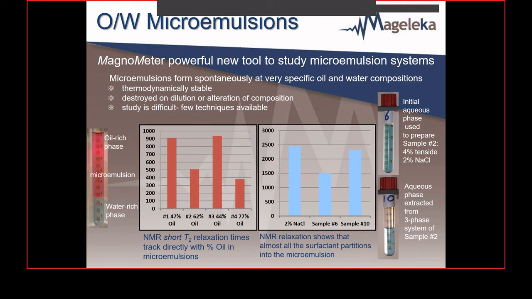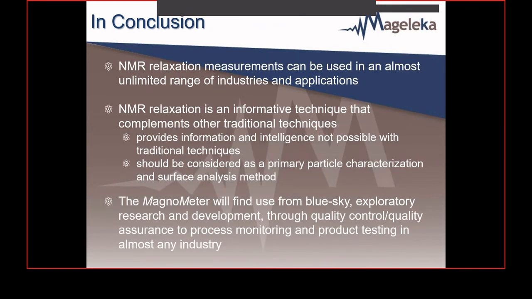So in conclusion, I hope I've been able to persuade you that NMR relaxation measurements can be used in almost any industries and applications, and it gives you significant potential to provide insights into complex formulations. It's an informative technique that complements other traditional techniques, but often can provide information and intelligence not possible with those.